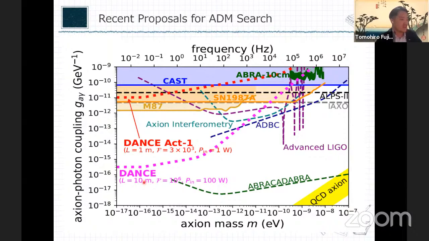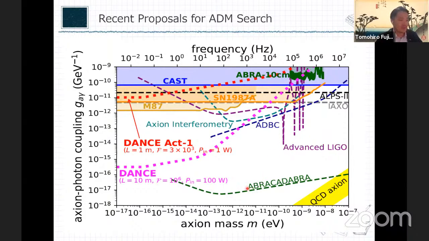The full-size DANCE, 10 meter size with better mirrors and a better laser, will be around here. We'll achieve very good sensitivity. And this purple dashed line is Advanced LIGO, the gravitational wave interferometer. You can see spikes here.